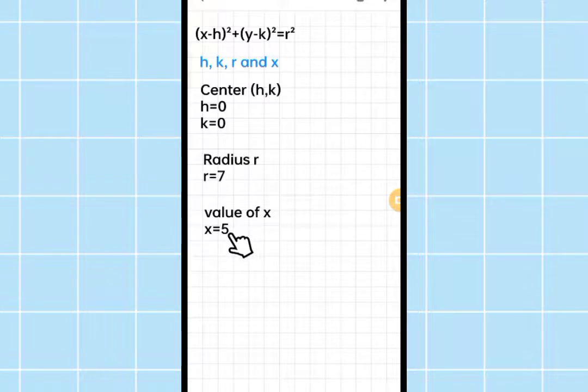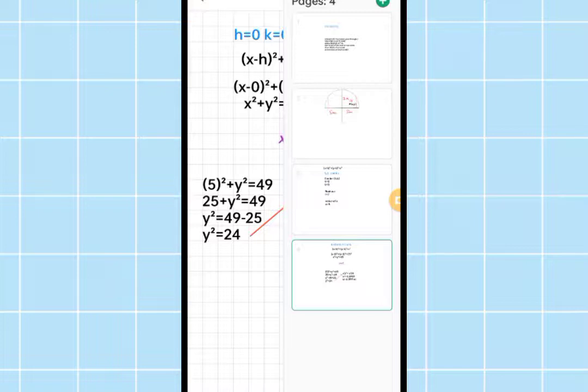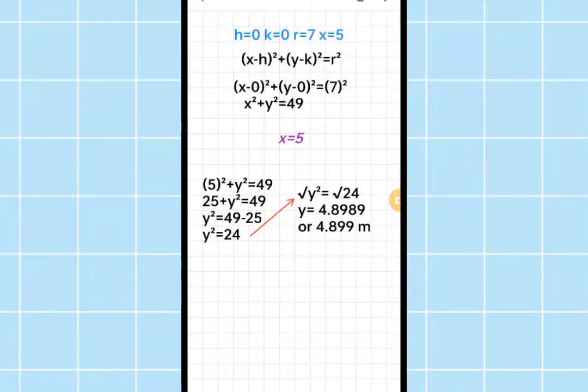Therefore, x is equal to 5. To sum it all up, the values that we will substitute into the equation of a circle are: h is equal to 0, k is equal to 0, r is equal to 7, x is equal to 5.